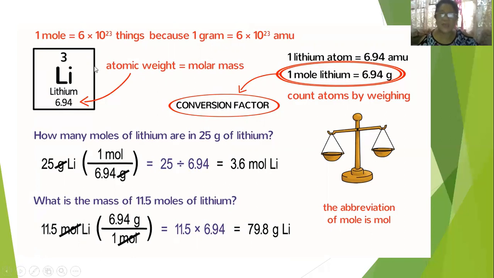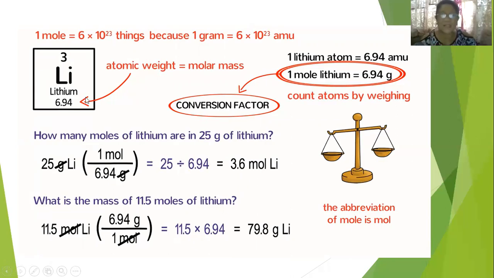For instance, we have helium. If you look into the periodic table, the upper portion there is the atomic number or the number of protons, as we have discussed in our lecture video 1. Now, that is the number of protons, but what is needed here is not the atomic number.